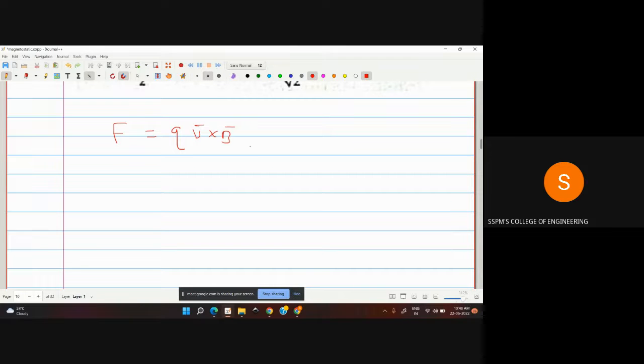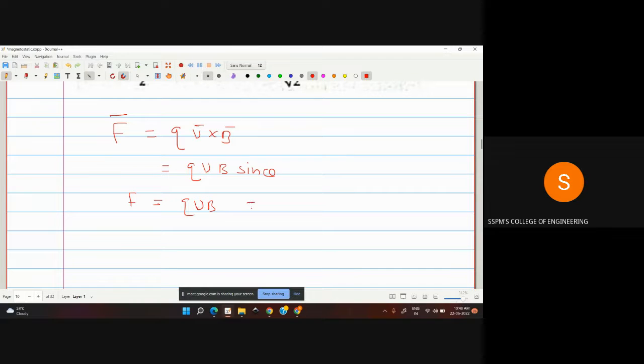is equal to charge into V bar cross B bar. हे तुम्हाला इक्वेशन माहित आहे. And this is equal to Q into V into B into sine theta. And the force is maximum when theta is 90. For theta equal to 90, the magnetic force becomes Q into V into B, where sine 90 is 1.